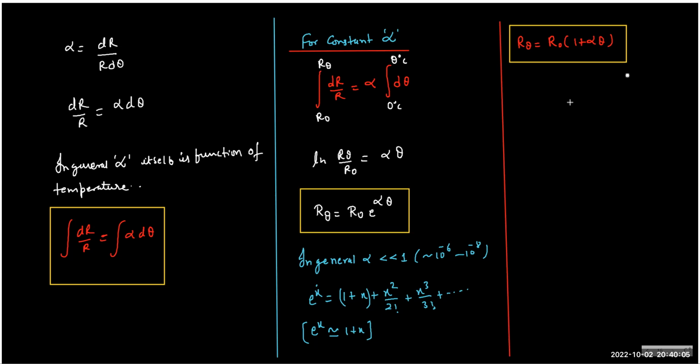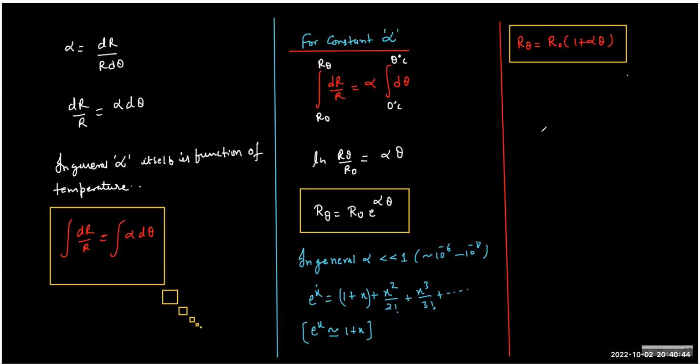And of course, this derivation is only true if alpha is constant. So only for constant alpha you should apply this. If alpha is variable, you have to go back to the earlier relation. So this is important: when alpha is variable, you know what to be done.